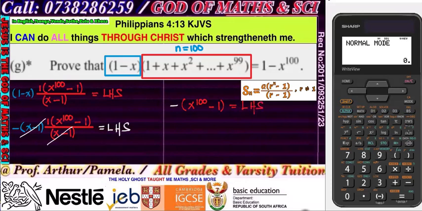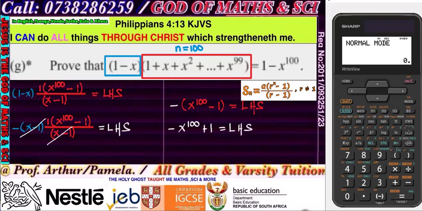Now, if I take this minus and multiply into the brackets, I'm going to have negative x to the exponent of 100 plus the 1. This equals my left-hand side.